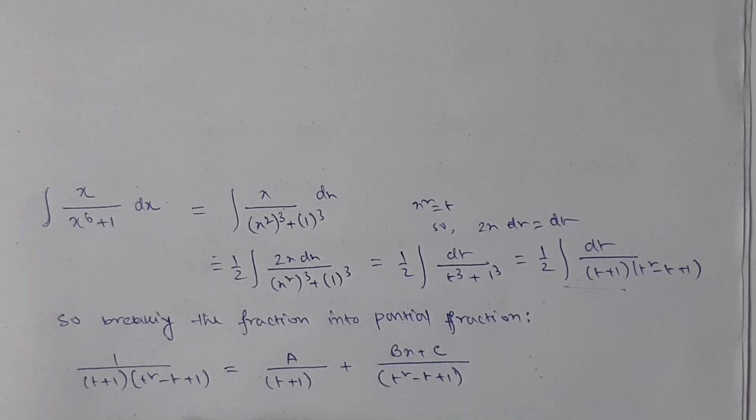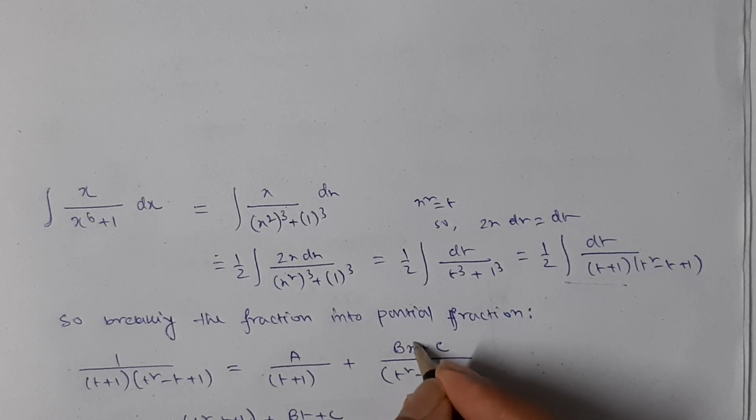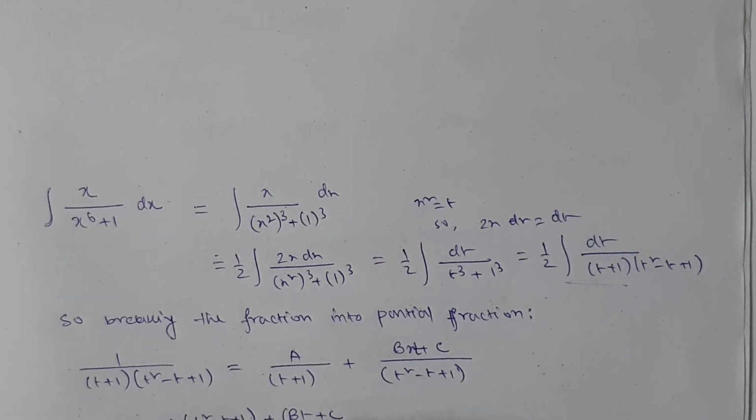Okay, 1 is equal to a times (t square minus t plus 1) plus (bt plus c) into (t plus 1).